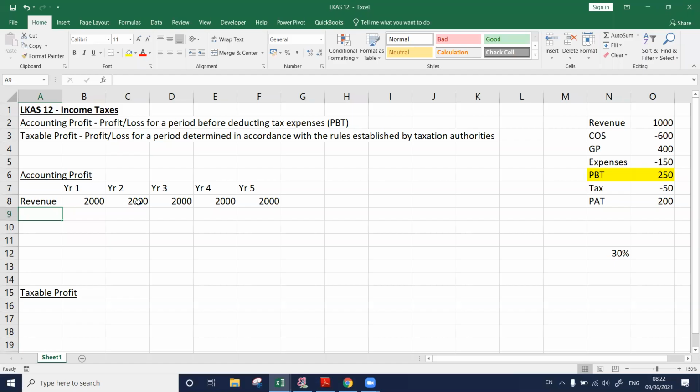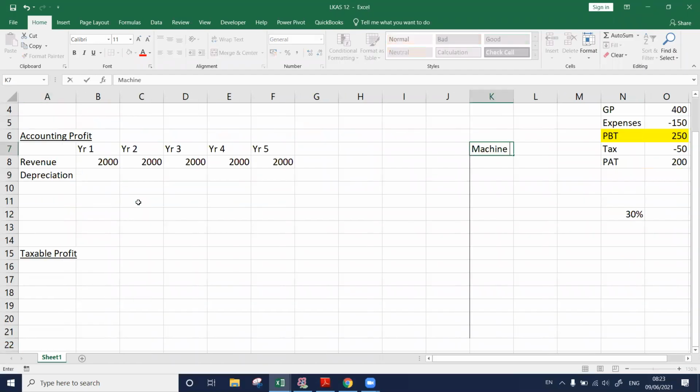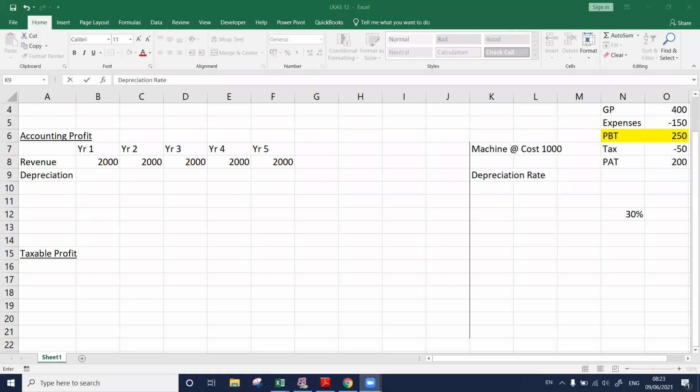Assume we have a machine at cost 1,000, and the depreciation rate, sorry, I keep getting disconnected. So here the depreciation rate, assume it is 20%.